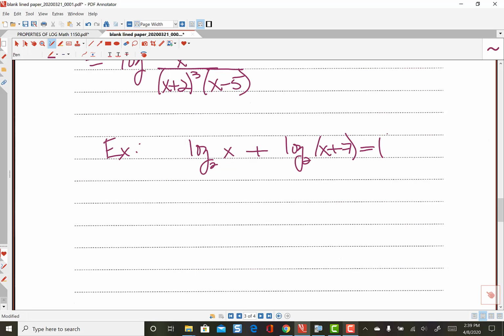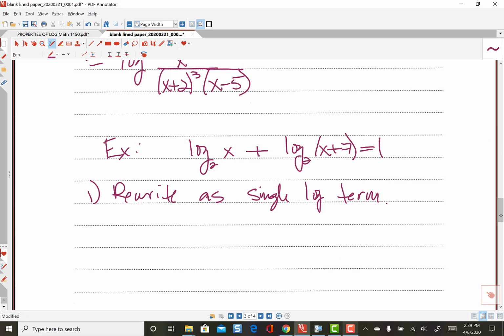So this is a log equation. We did a couple of simple ones that had a single log term in them in a previous section. So what we need to do first is rewrite this. This is for the next section, but I'm just giving a sneak preview here. Rewrite as a single log term.